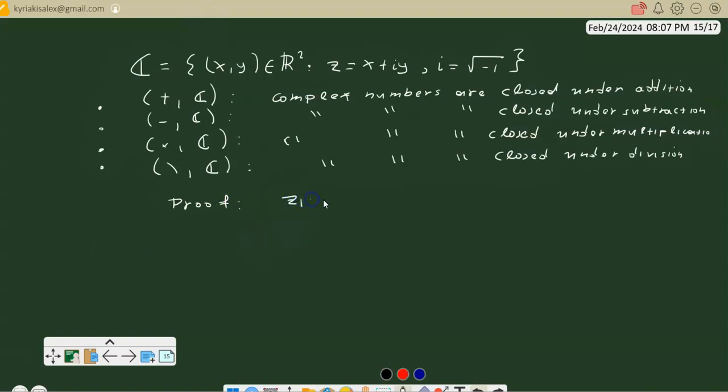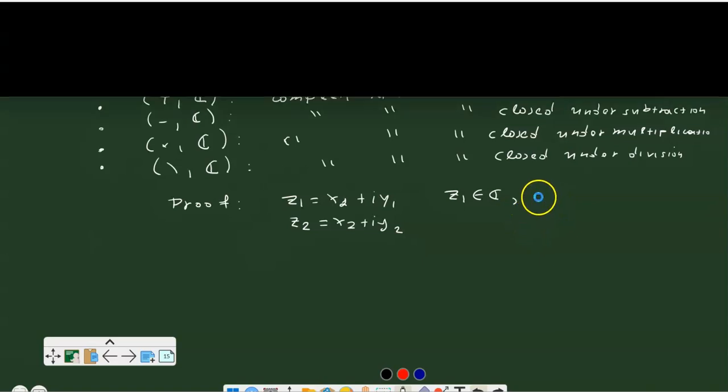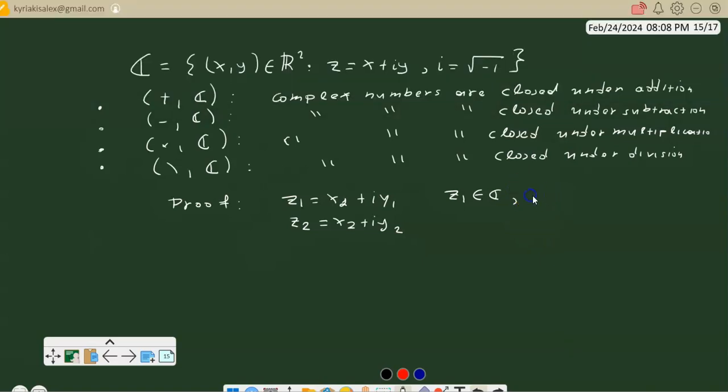Let's assume that we have two complex numbers, z1 and z2. So z1 is a complex number, x1 and y1 are real numbers.